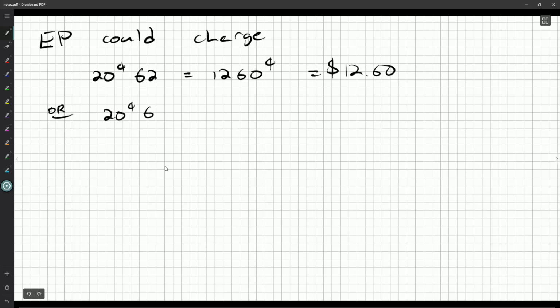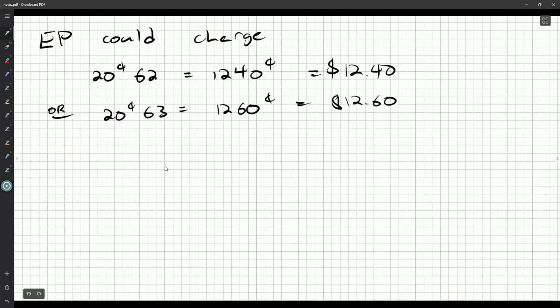Or 20 cents times 63, and we would get... Oh, I screwed up my calculation up there. This one's 1260. Oh, my brain is running faster than my hand is writing. That's fine. Cents. 1260. There we go.